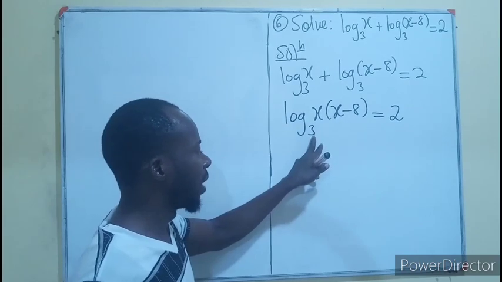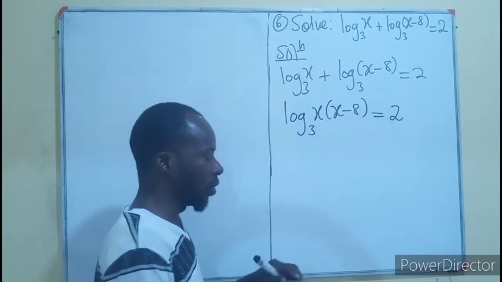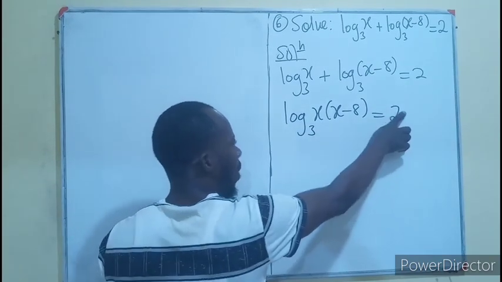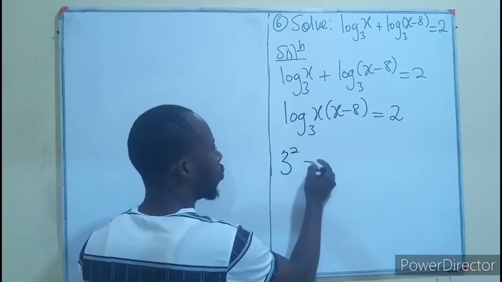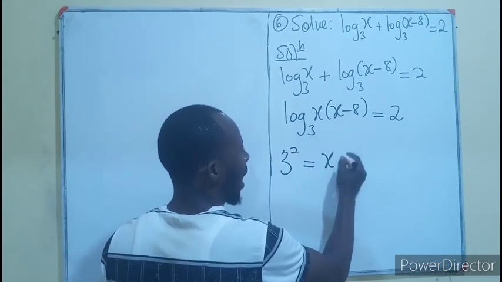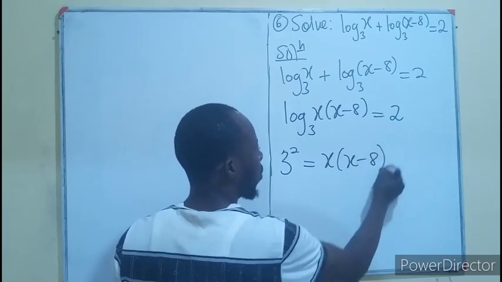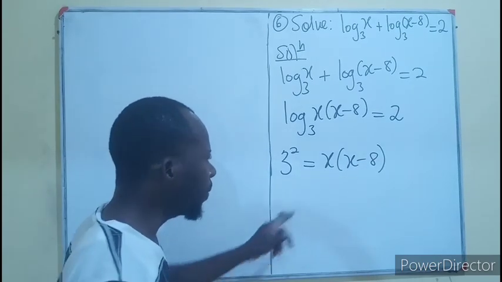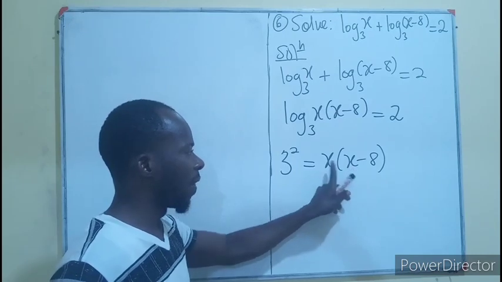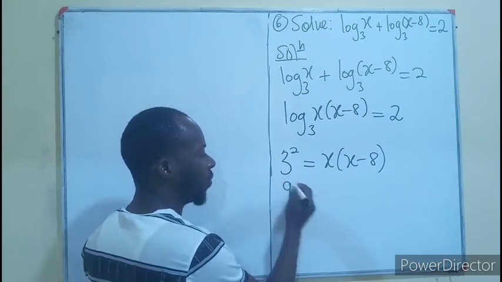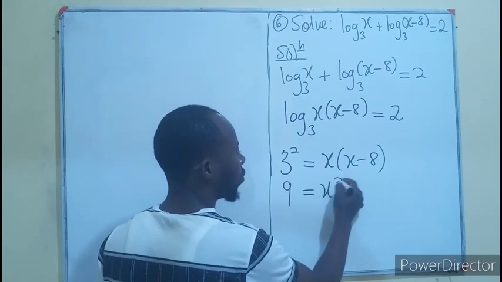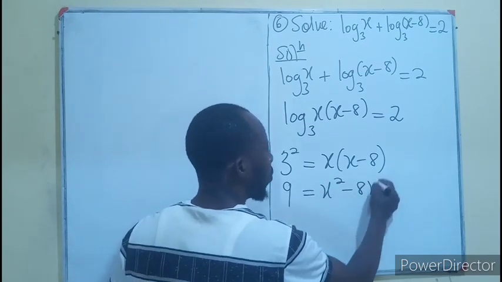But I will just take the base to the power of 2. So 3 exponent 2 equals the argument x multiplying x minus 8. This will also multiply, so we have 9 equals x squared minus 8x.